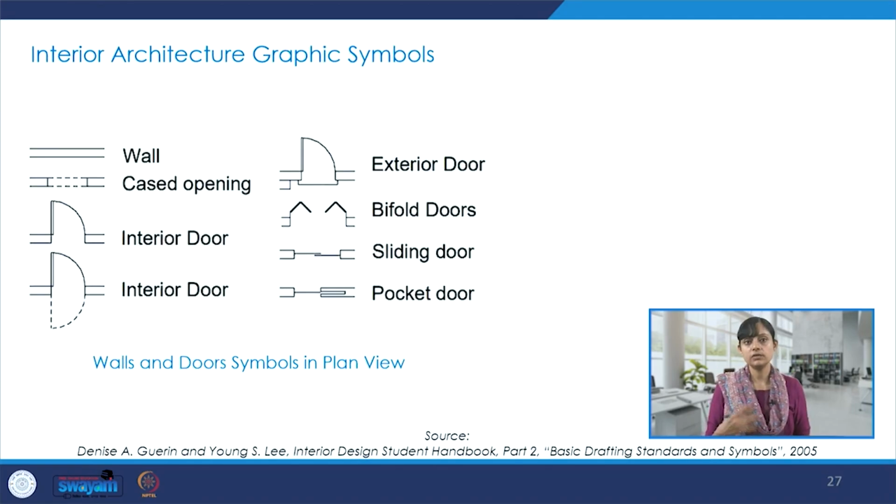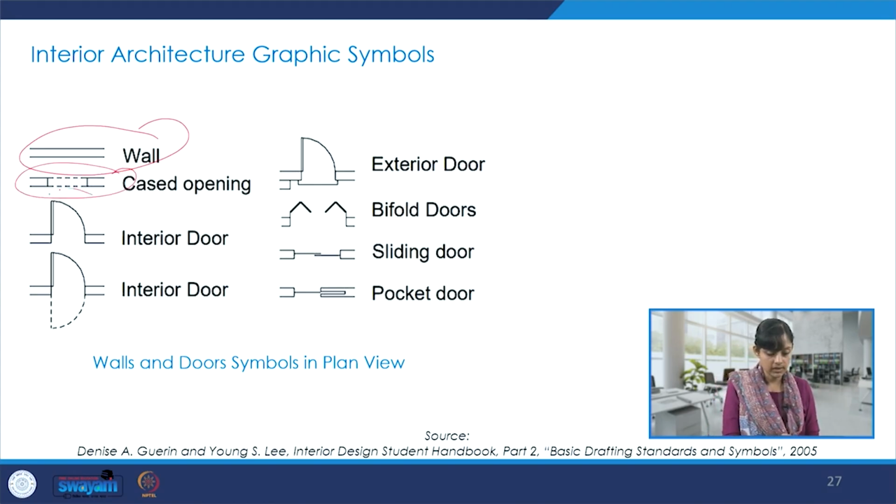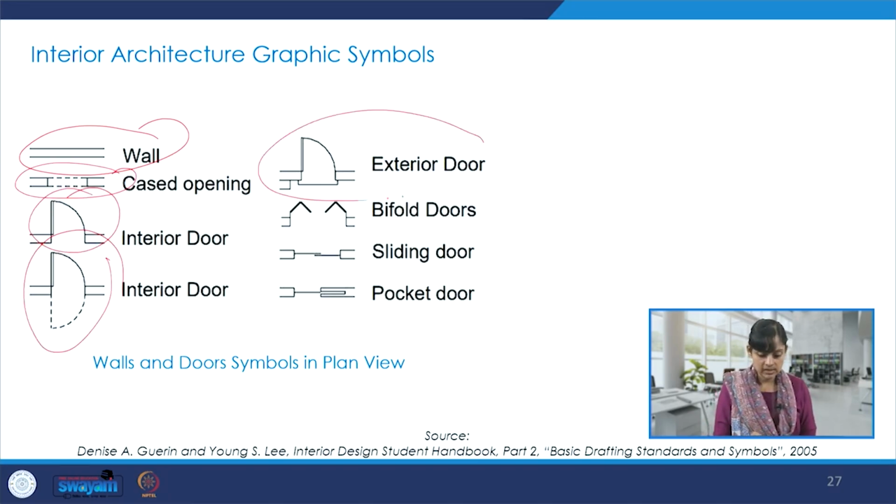We also have interior architecture graphic symbols: how we show a wall, or a cased opening, an interior door, again with the dotted lines showing the direction. And then there is this exterior door over here. You can see the difference, this versus this.